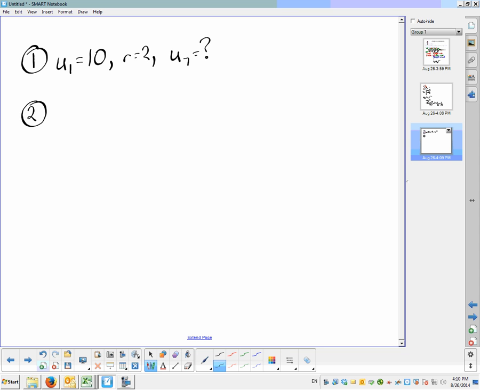A little bit harder, that's something I'd like you to think about. If I tell you that the third term is 343, and the fifth term is 49, and it's a geometric sequence, can you tell me what U1 is, what the ratio is, exactly, not as a decimal, because it's not a whole number in this case, and can you tell me what U8 is?